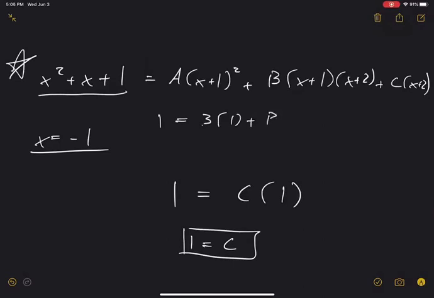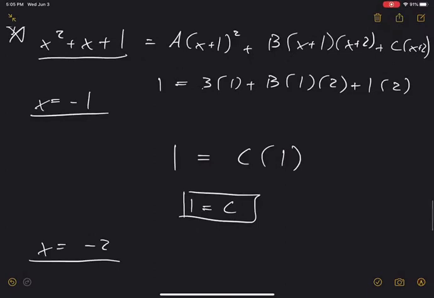I don't know what b is, so I get b times 1 times 2. And then I know c is equal to 1. And then I'm plugging in 0, so I get this. All right, so I get 1 equals 3 plus 2b plus 2.